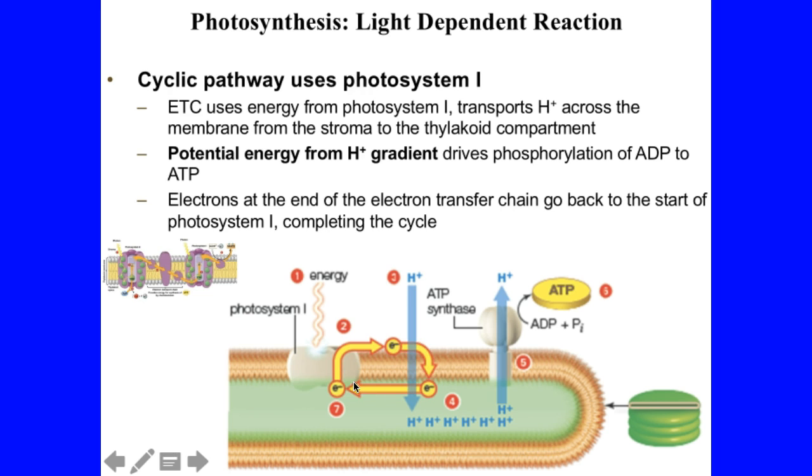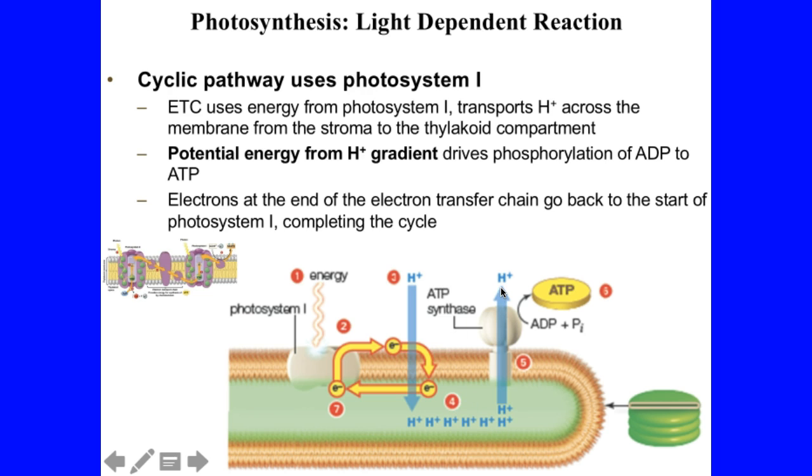Well, that energy is enough energy to allow hydrogen ions to shoot across the thylakoid membrane into the actual inside of the thylakoid, which is called the thylakoid compartment. The high concentration of hydrogen ions inside this area right here ends up being a huge concentration gradient, enough so that the thylakoid wants to shoot these guys back out to try to maintain equilibrium once again.